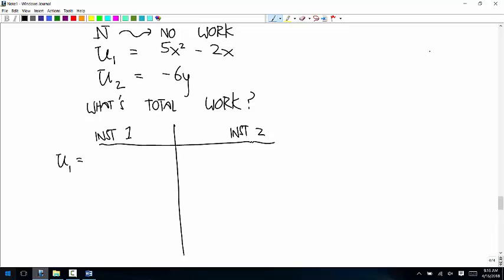You get 3 for U1. For U2, you get 0. At instant 2, U1, it's x equals 4, right? So 5 times 16, 64, 72.